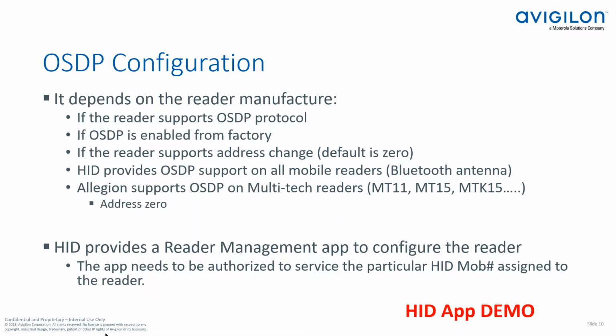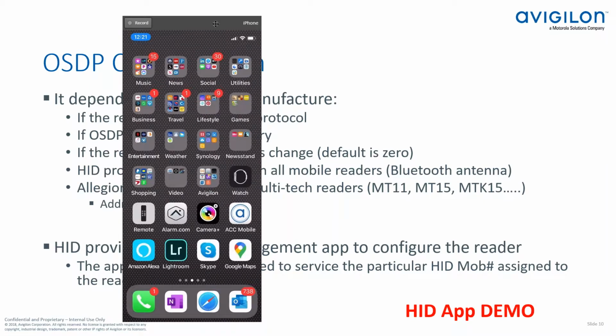So let's take a look at the HID application. What I'm going to do is share my screen real quick. Give me one second, firing up an application here to allow me to show my screen. All right, so this is my phone right here.